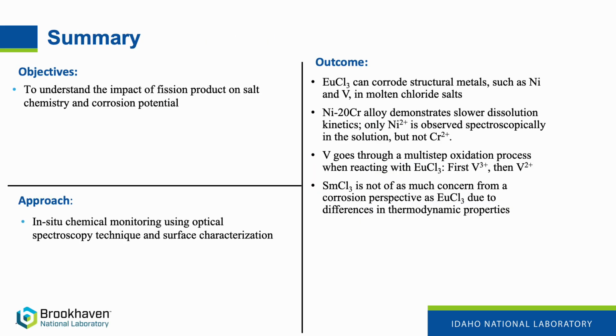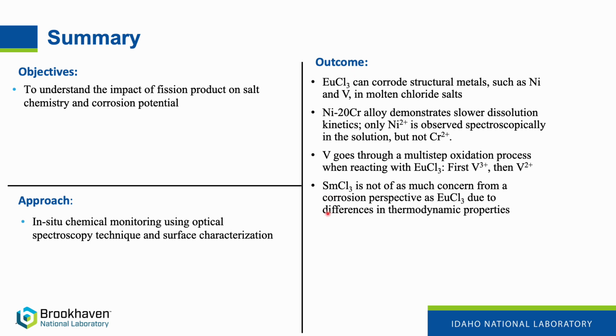So overall, through this study, our summary is that europium chloride impacts the corrosion of structural materials. We looked into nickel and vanadium metals, and also alloys like nickel 20 chrome alloy. And vanadium specifically goes through a multi-step oxidation process.